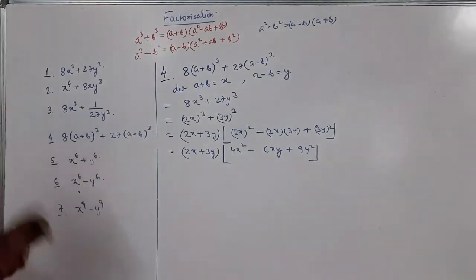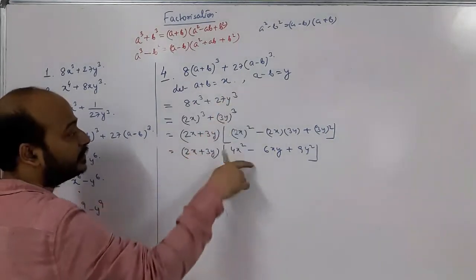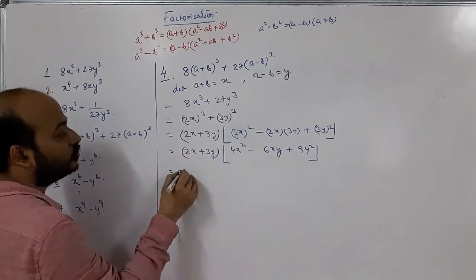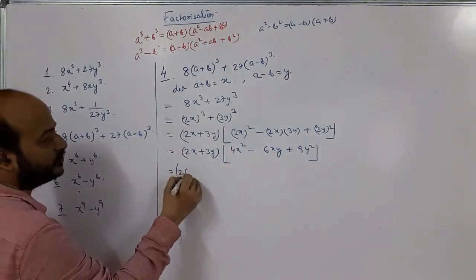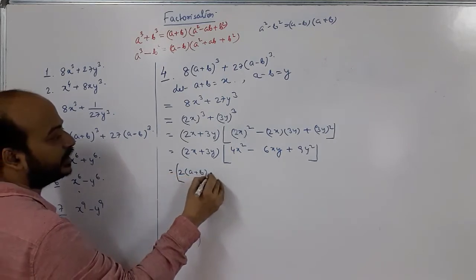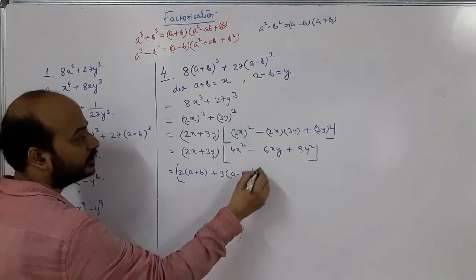Okay, but still the sum is not completed. Now we will put the values back here. So in a big bracket I write 2, and x means a plus b, again plus 3, that is a minus b.